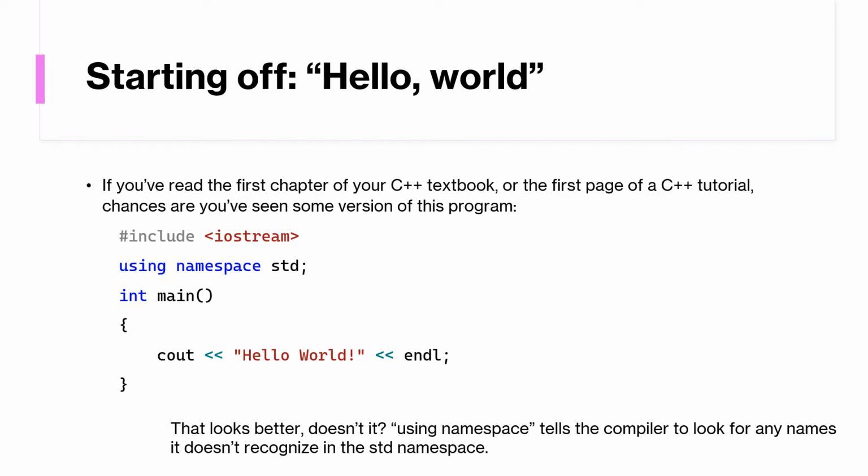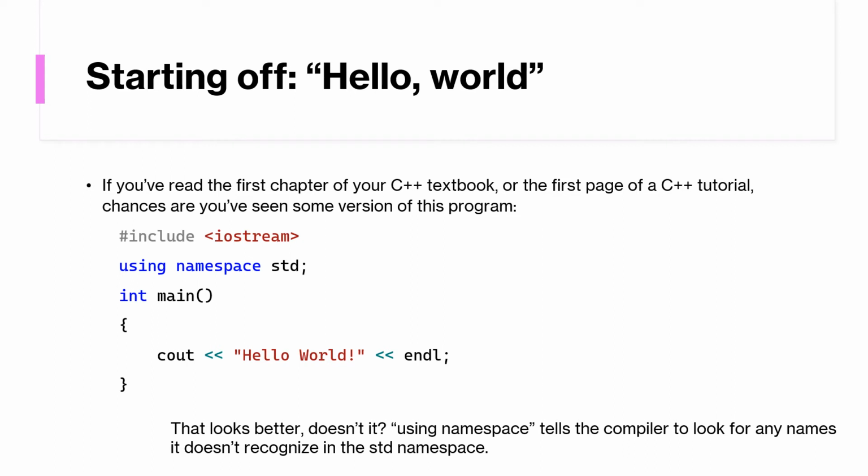In this case, the STD or standard namespace. We're going to be including the using namespace standard line in all of our programs in this class because I hate typing standard colon in front of all of these various types and objects and operators.